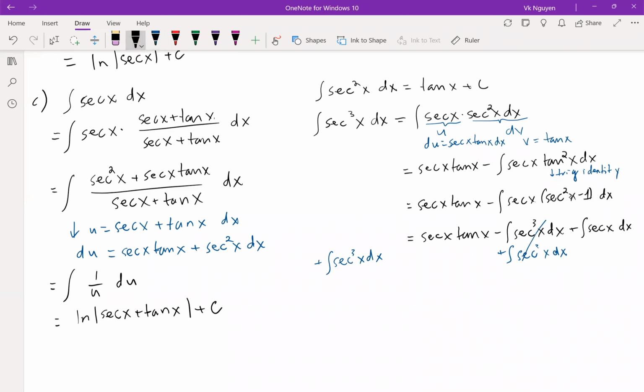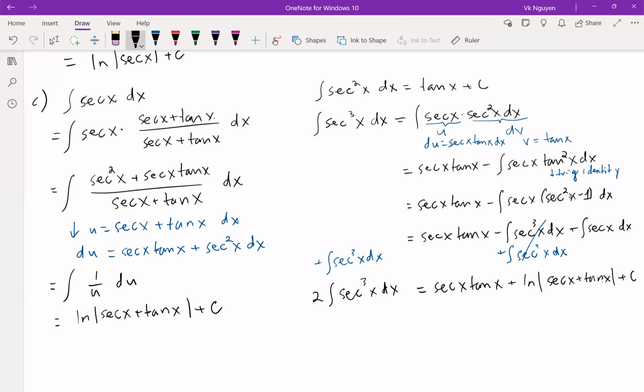We have 2 times the integral of secant to the power 3 x dx equal to secant x tangent x plus the integral of secant x, which is ln absolute value of secant x plus tangent x, plus c.